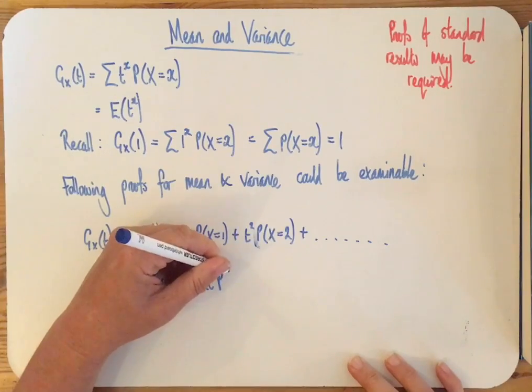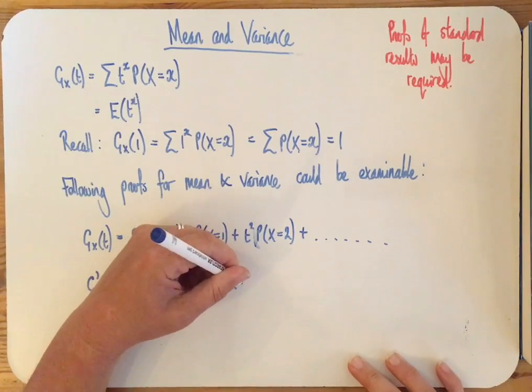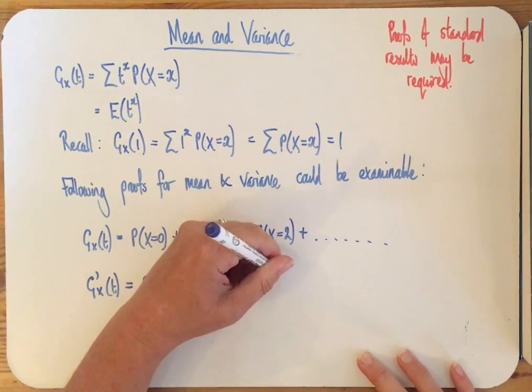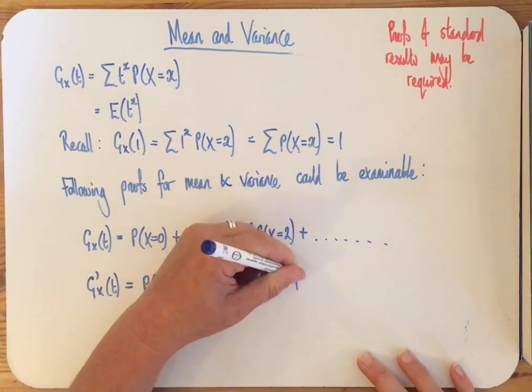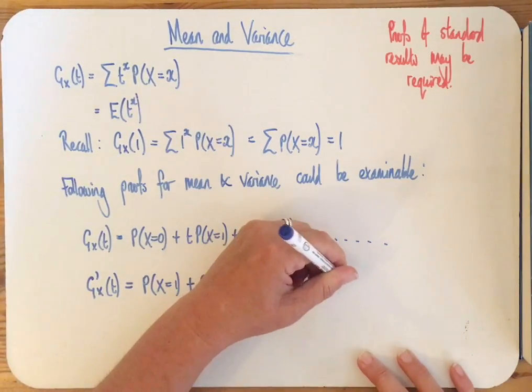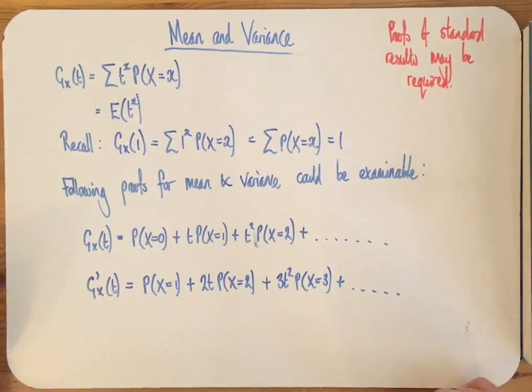Remember, these probabilities are just numbers, they're just constants, so we're just differentiating the t. And then it'd be plus 3t squared times the probability X equals 3, and so on.